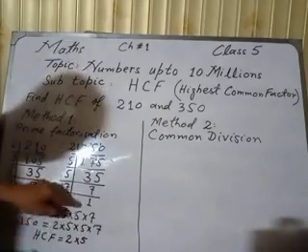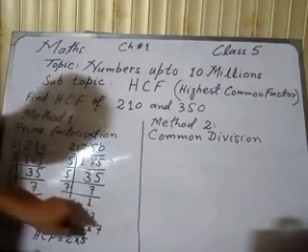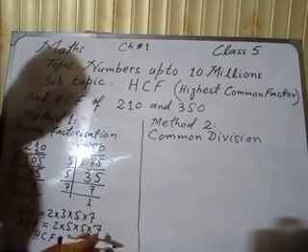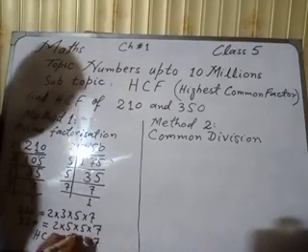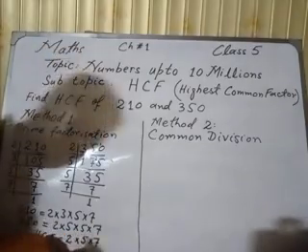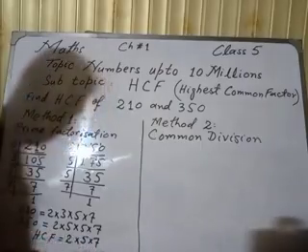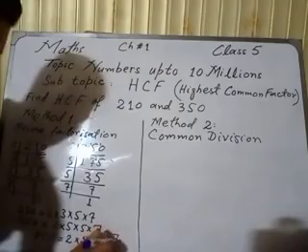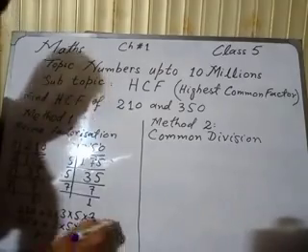Now 7. Now, you can see that 2 fives are 10, 10 sevens are 70. So the HCF is 70.